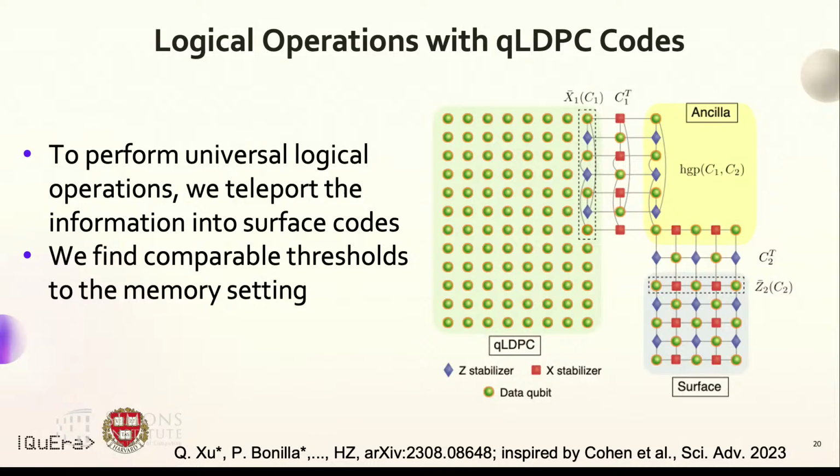This is inspired by the Cohen et al. scheme that was very nicely proposed from Sydney. In this case, we slightly modify the construction so that you save a little on the spatial footprint.